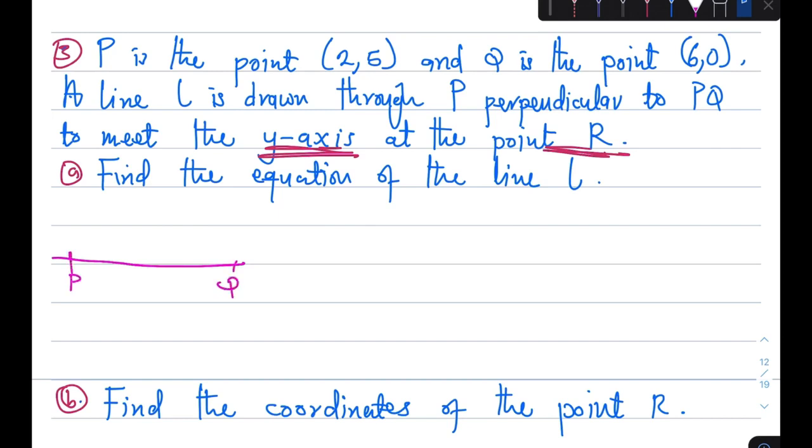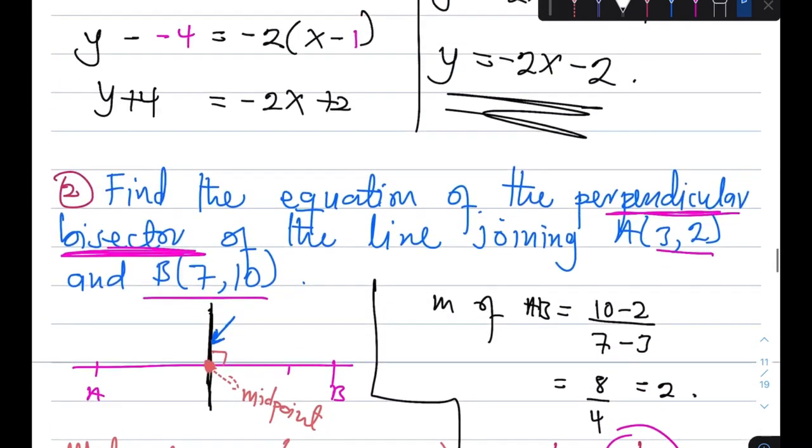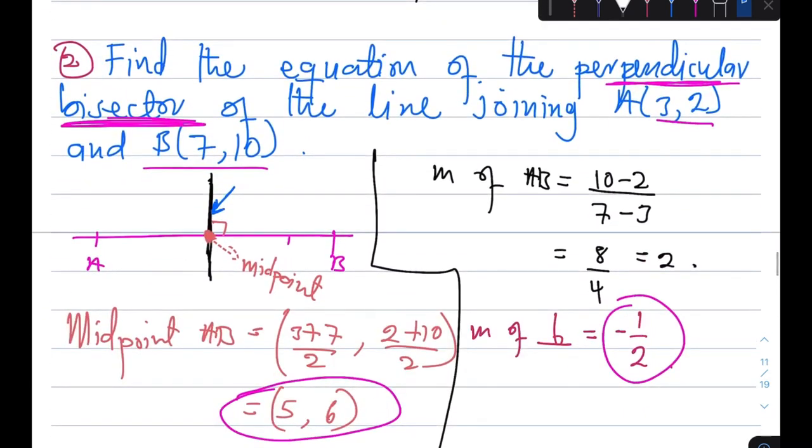Now they said that a line is drawn through P, and this line is perpendicular to PQ. So that means that a line will be drawn through P, and it's going to be perpendicular to PQ. Now this is different from what we solved here, where they called it perpendicular bisector.